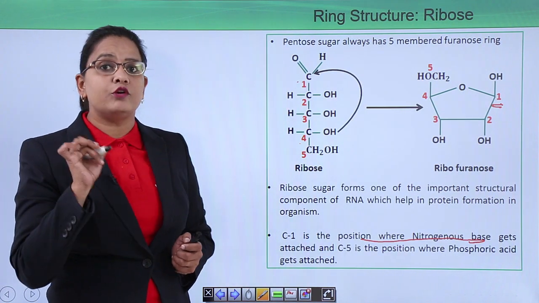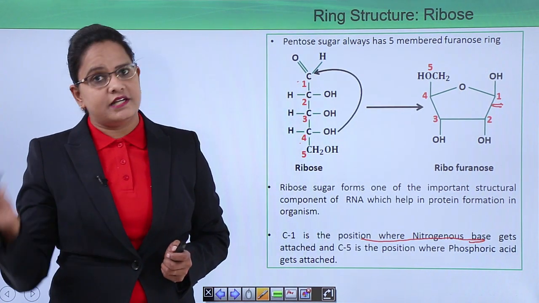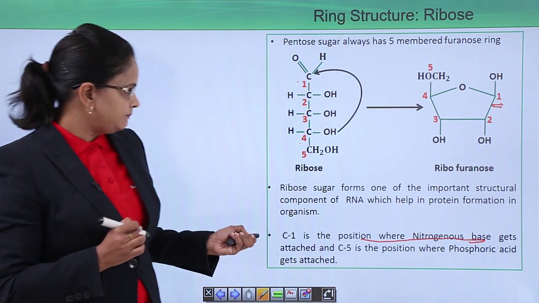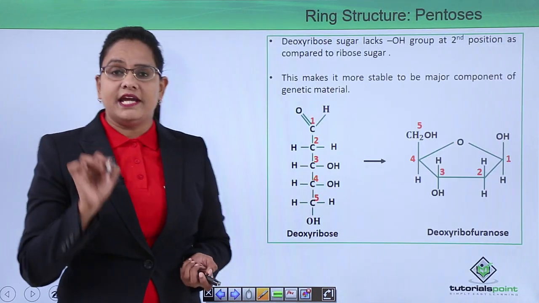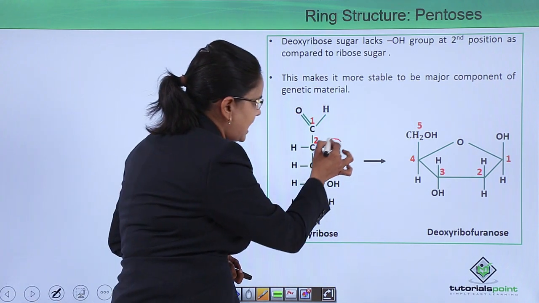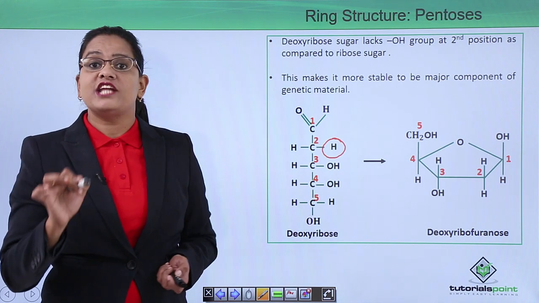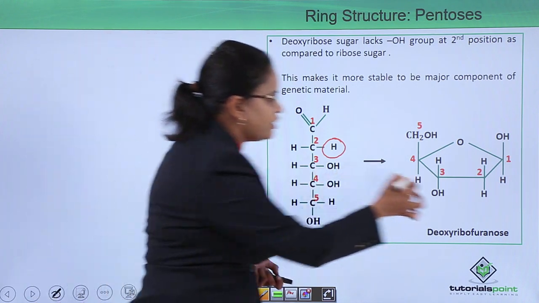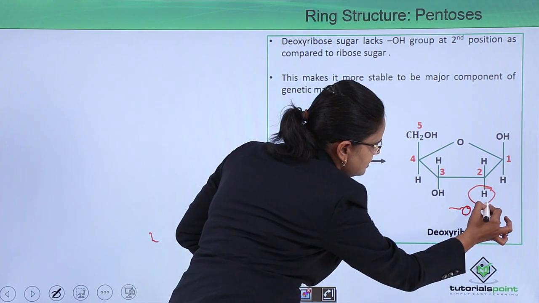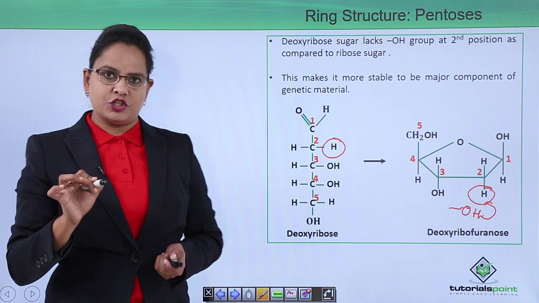So now we have to keep in mind what is the difference between a ribose and a deoxyribose. Let us just see. So here in a deoxyribose, as the name suggests, at the 2nd position the OH group is absent. There is no hydroxyl group here. In place of OH group, hydrogen is present.